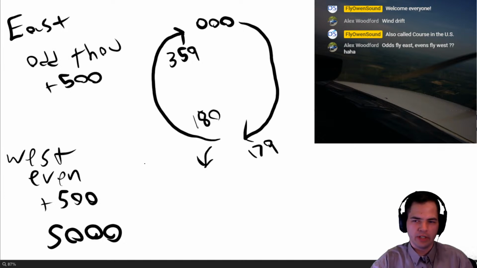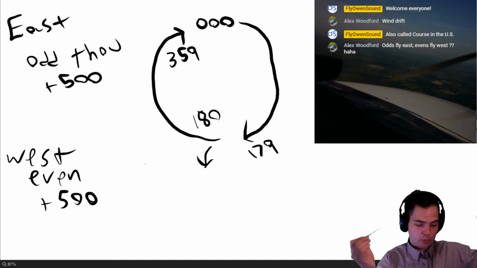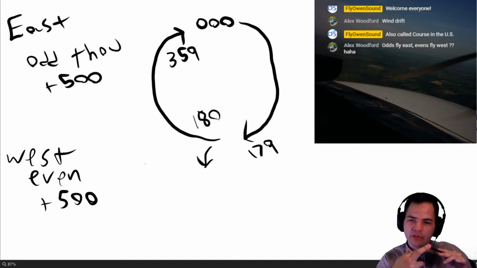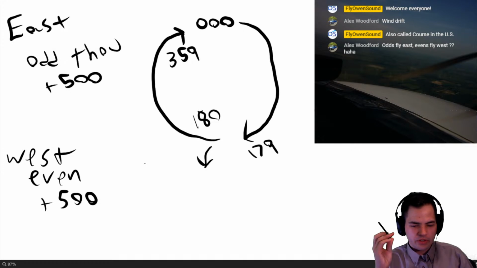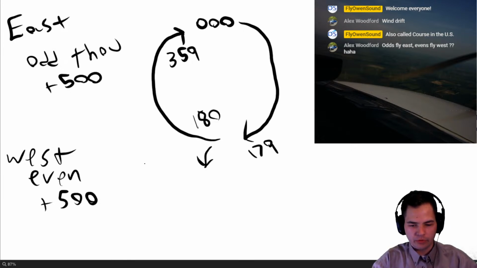So those are kind of the tricks that they get you on with these ones. So remember VFR, we add 500. Easterly, Newfies are odd. Newfies are in the east, so odd thousands plus 500 for easterly from 0 to 179. Even thousands plus 500 for westerly, and the wind will have an effect because these are based on magnetic track. So those are kind of your tricks there.